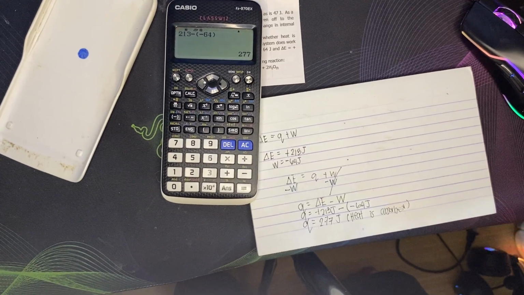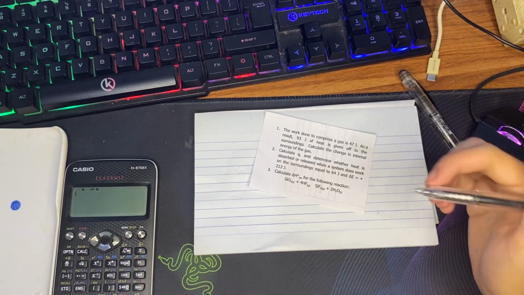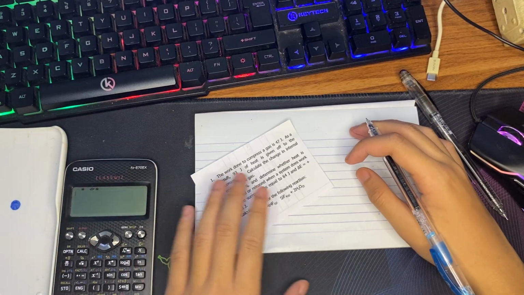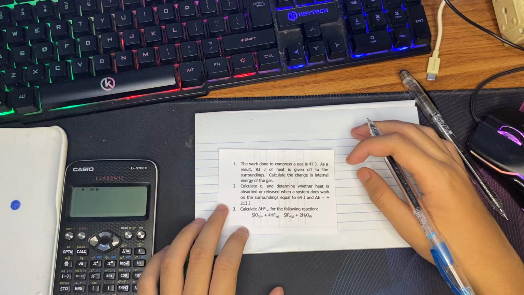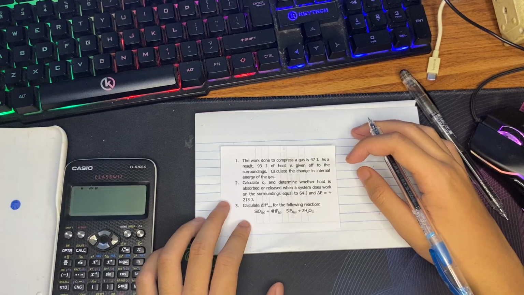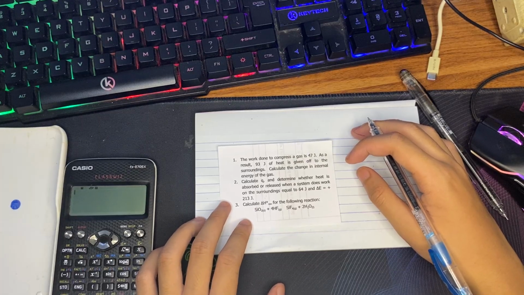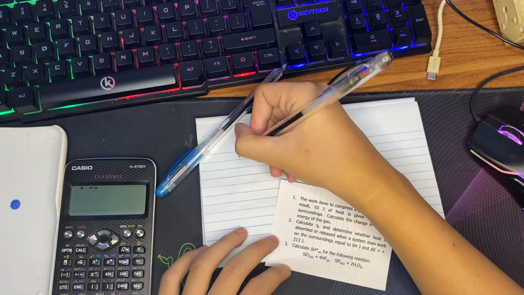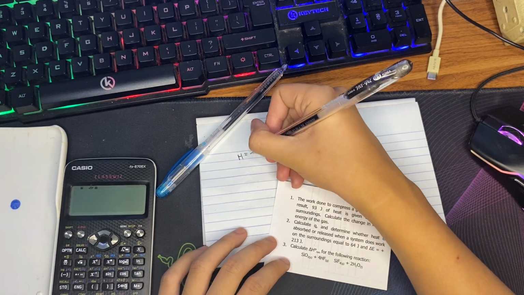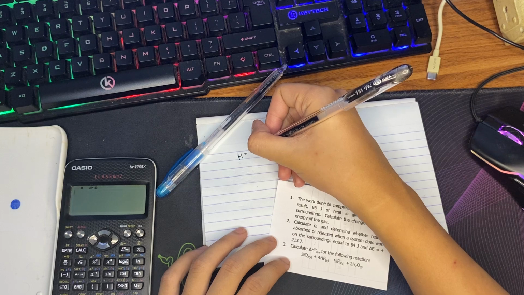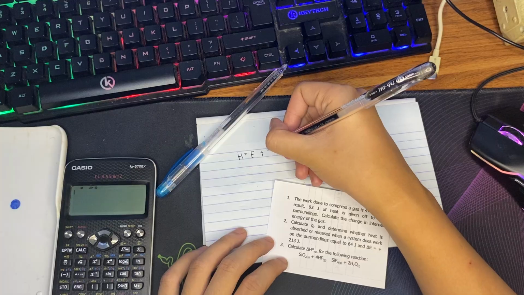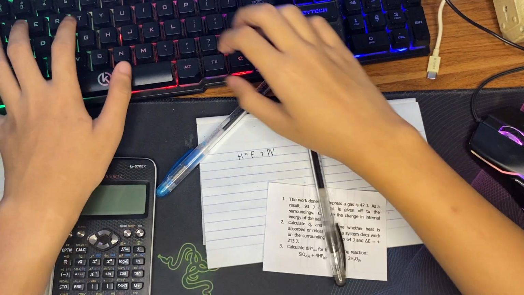Now for the next part, we are asked to calculate the delta H of the reaction for the following reaction. So this is enthalpy. We all know that enthalpy is just equal to internal energy plus PV.